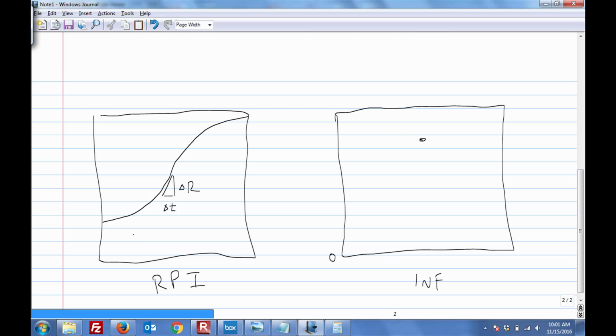When this delta T over delta R is lower, it's down here. So all the funny little bumps and curves in that chart on the left are what's dictating the value on the right.